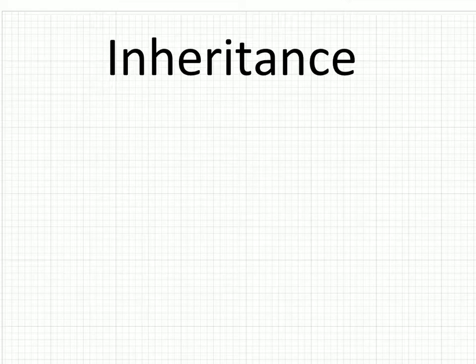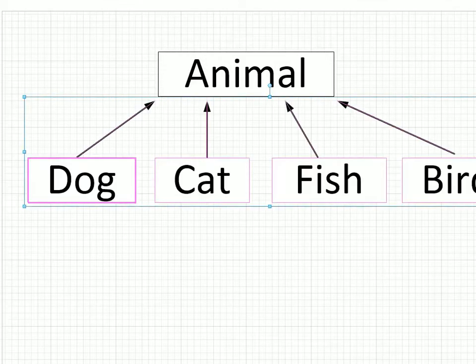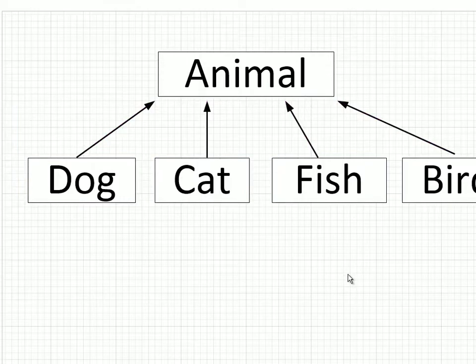An example that's often used when describing inheritance in programming is an animal hierarchy with animal at the top as a general category, and then dog, cat, fish, bird, for example, as being specializations of animals.